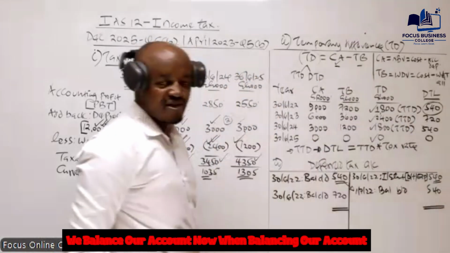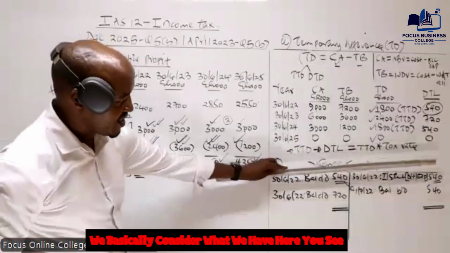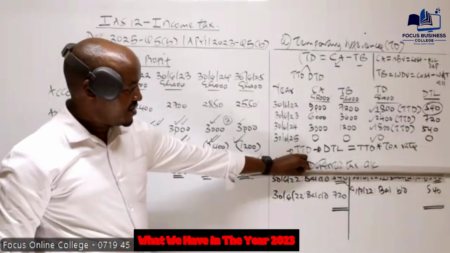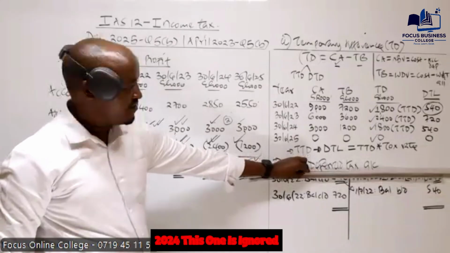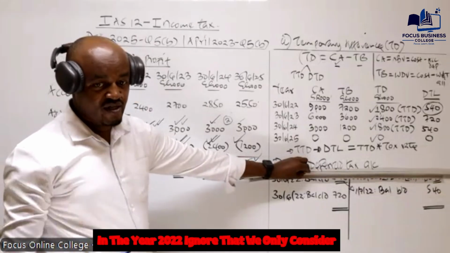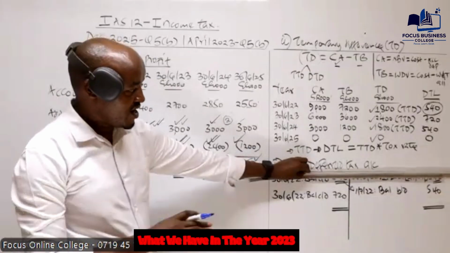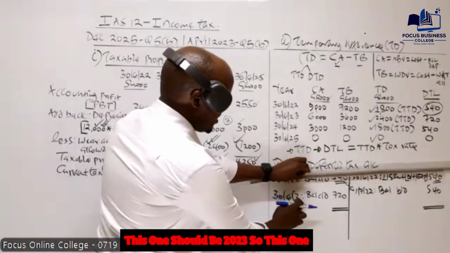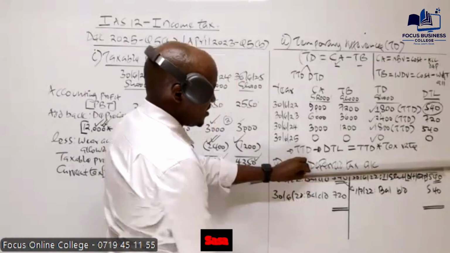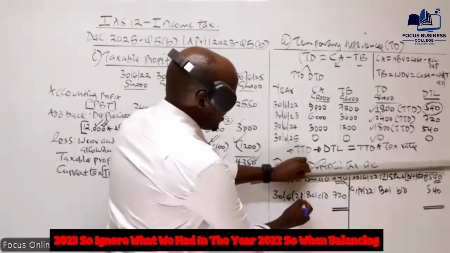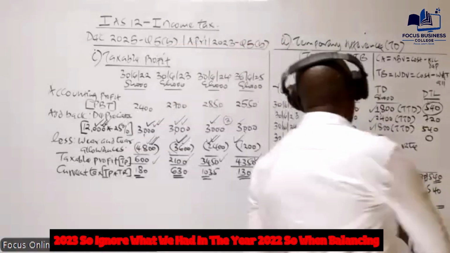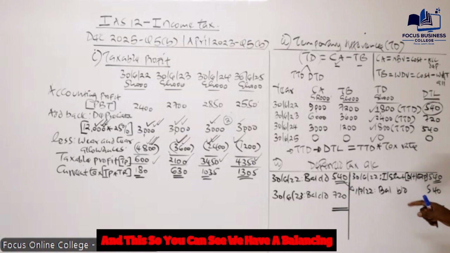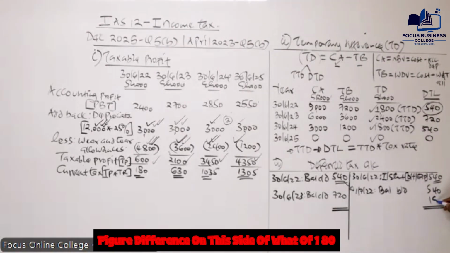When balancing, we only consider what we have in the year 2023. Whatever you have in 2024 is ignored, and in the year 2022, ignore that. So we ignore what we had in 2022. When balancing, we add this, which is 720, and this. You can see we have a balancing figure difference on this side of 180.